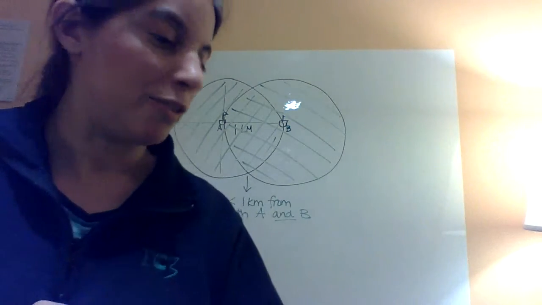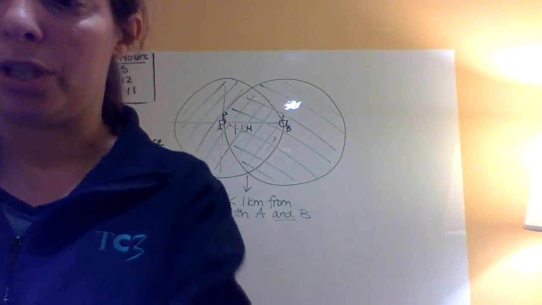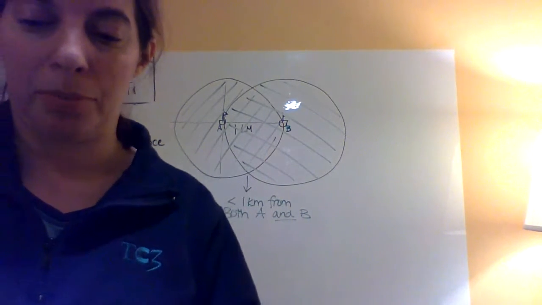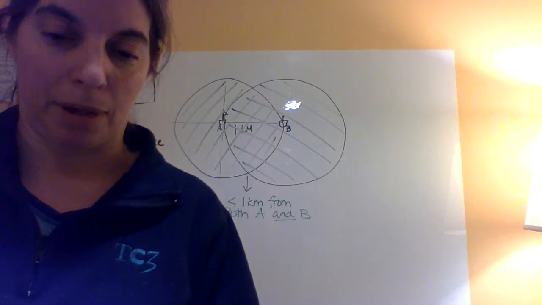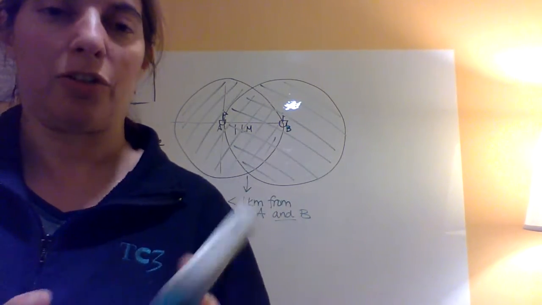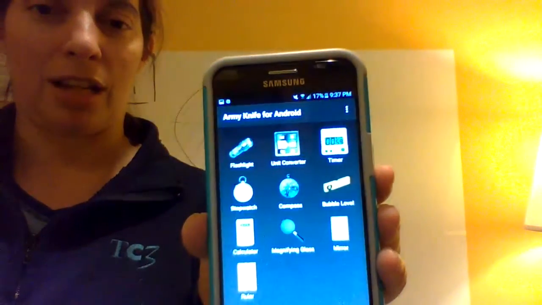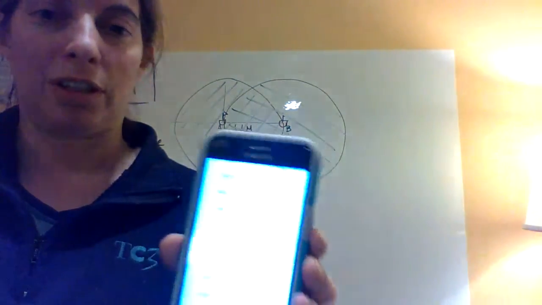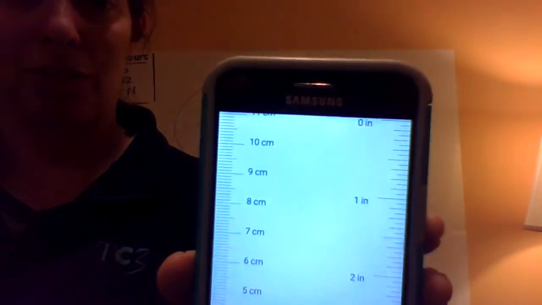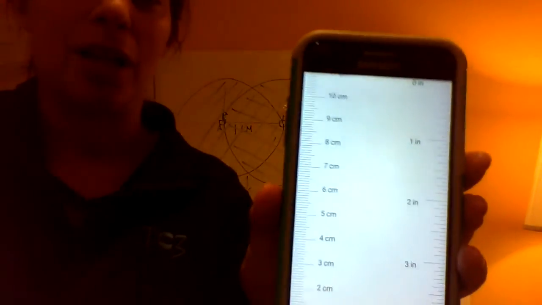Okay. Now, if you don't have a ruler, you can probably pretty easily find an app. I have an app on my phone called Army Knife for Android that has all this stuff on it, timer and compass and whatever. So it has a ruler. Obviously you can't zoom the ruler because then it wouldn't be the right dimensions, right? But it has a little ruler.